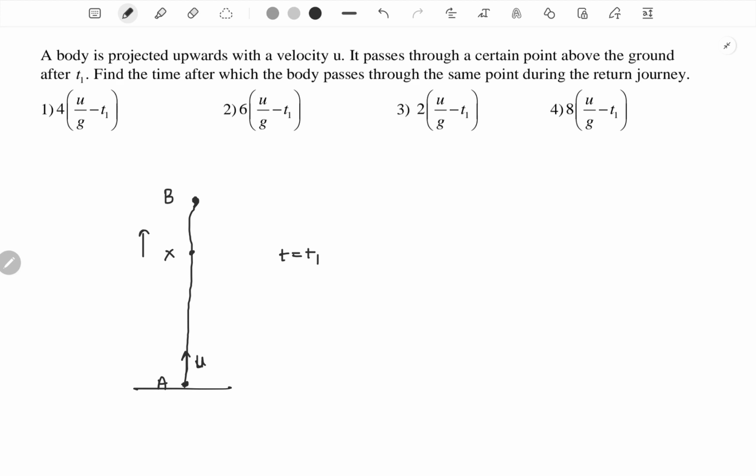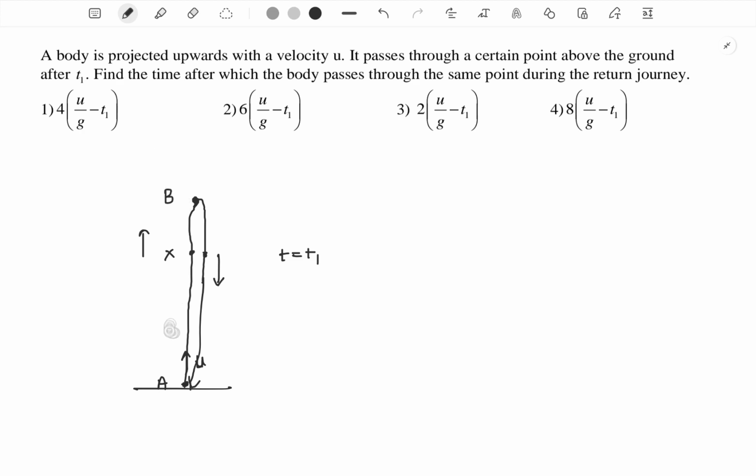Now the question is, at what time would it pass through the same point? Now it would go up and then it would start to fall down. Basically it would fall down along the same vertical line, but I am drawing separately. Now the question is, at what time it would pass through the same point during its return journey.